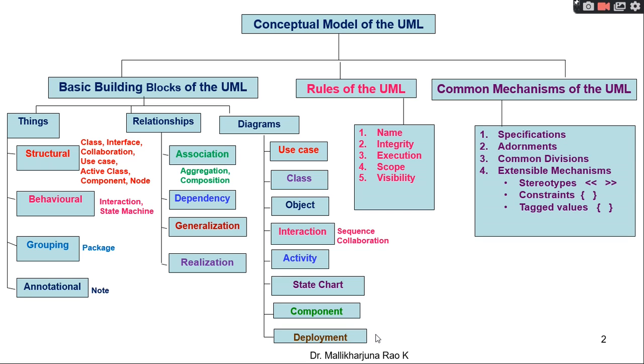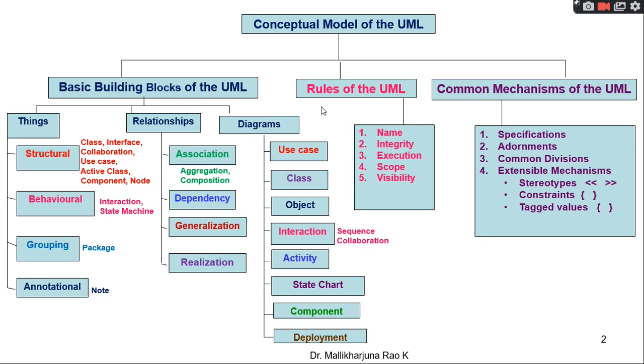It exists during runtime only. These are created for the sake of the component. So this is about the basic building blocks of the UML, very briefly. In coming videos, we'll discuss this in detail.